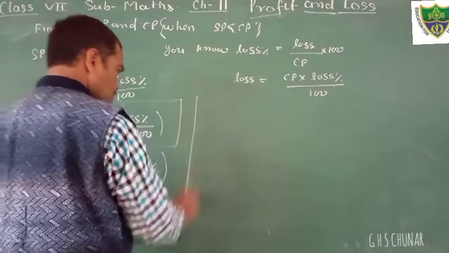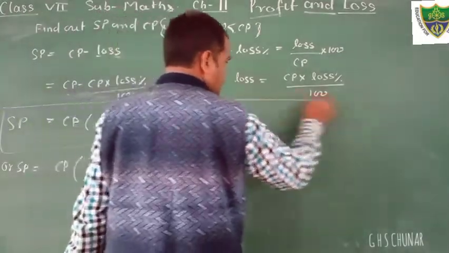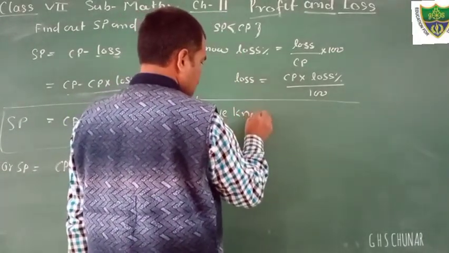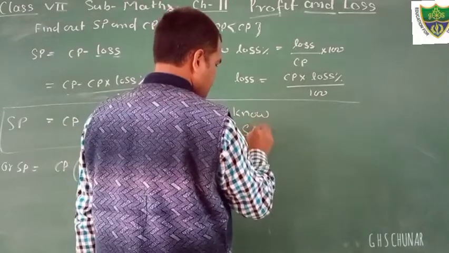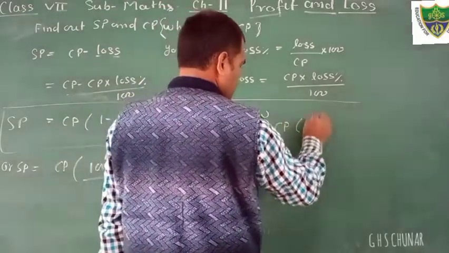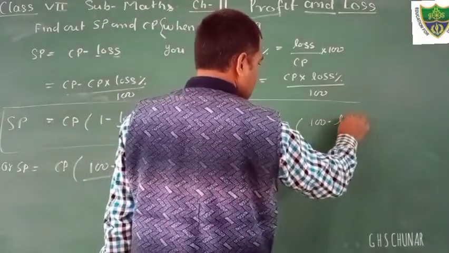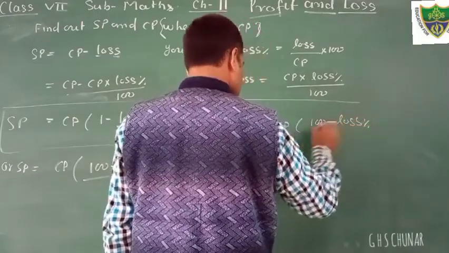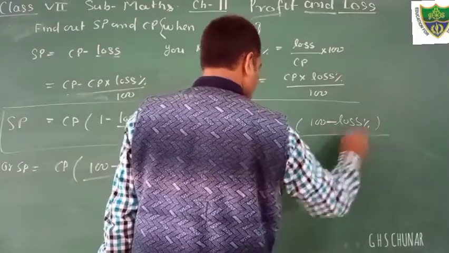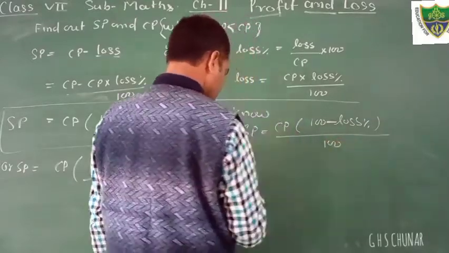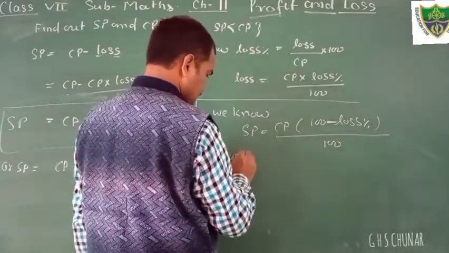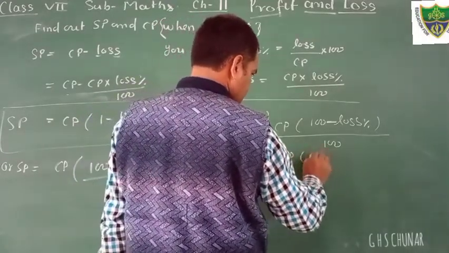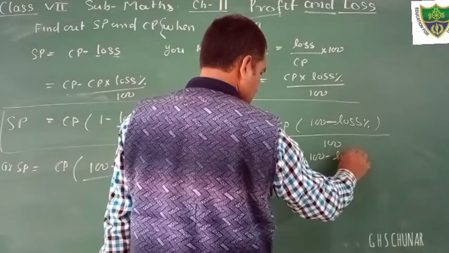Again, for CP, we know SP is equal to CP into 100 minus loss percent, whole upon 100. When you transpose it, then 100 into SP is equal to CP into 100 minus loss percent.